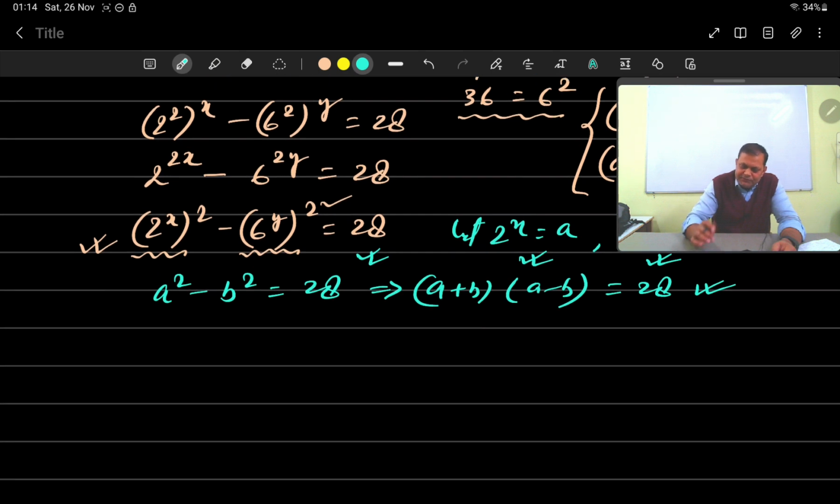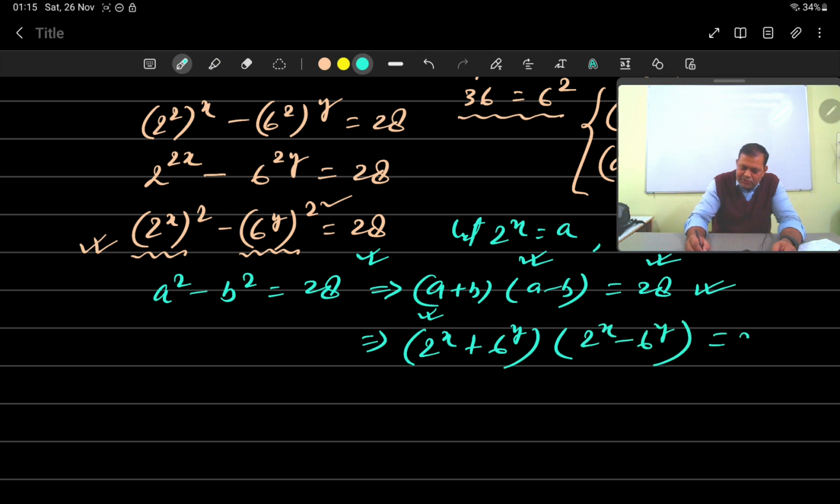Okay, now if you insert the values of a and b once again, the equation will look like (2 to the power x plus 6 to the power y) times (2 to the power x minus 6 to the power y) equals 28. Now just think, if you multiply these two factors, you get a positive number 28 here.